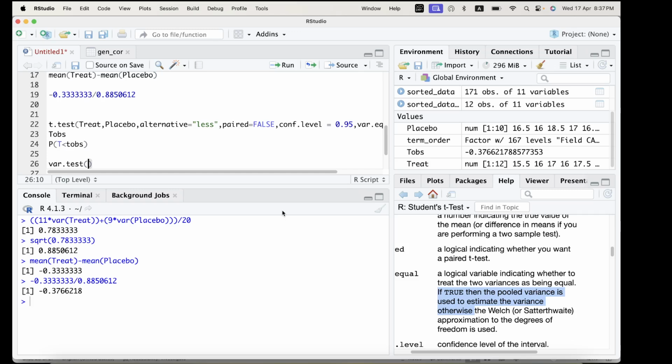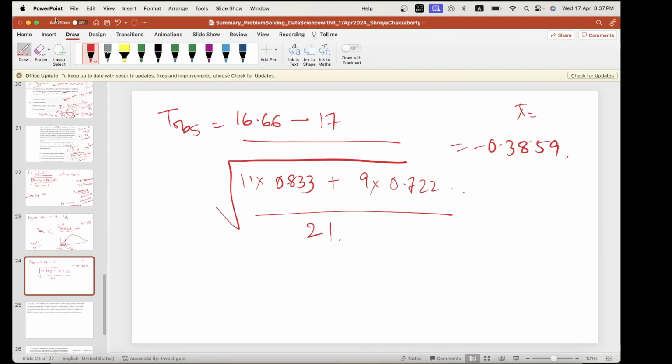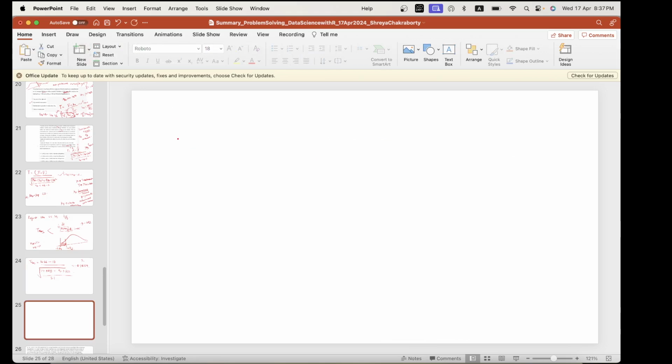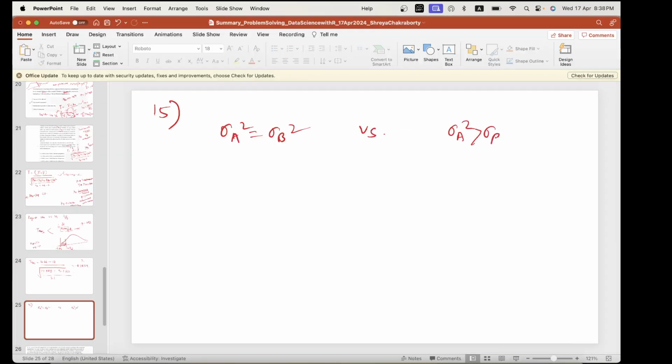This is testing for variance. This you have to use sigma squared. The test statistic will be different. This is not a test for mean. Question number 15. This is sigma a squared equal to sigma b squared versus sigma a squared greater than sigma b squared.